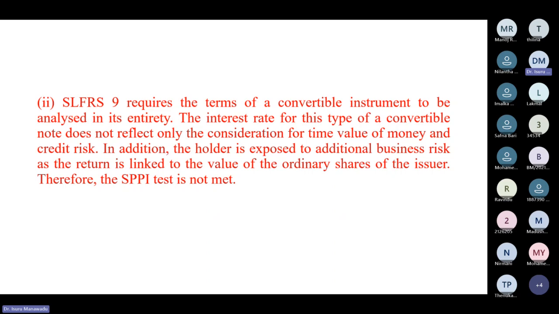In addition, the holder is exposed to additional business risk as the return is linked to the value of ordinary shares of the issuer. Therefore, SPPI test is not met. So that's the conclusion. Not only the time value of money and the credit risk, there are some other factors to be taken into consideration. Therefore, SPPI test is not met.